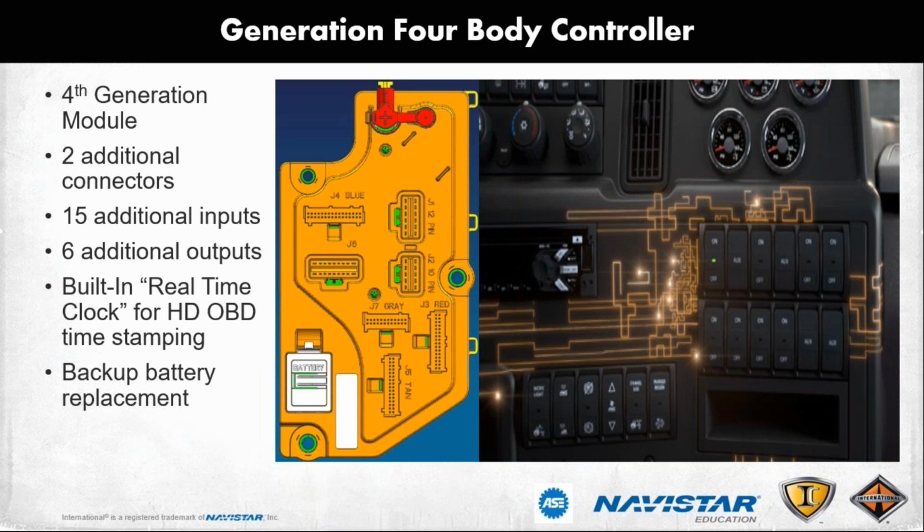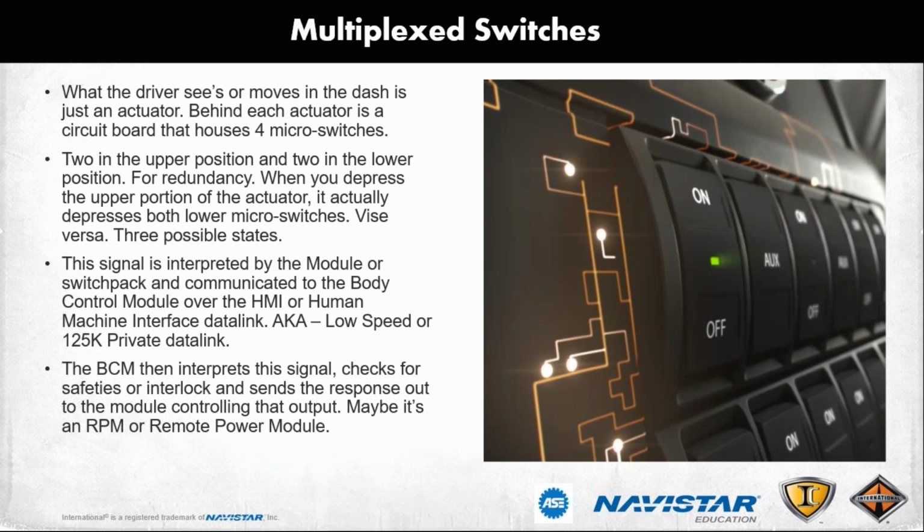So each actuator position has 2 upper switches and 2 lower switches, and they're for redundancy. If one of them fails, you have a backup of that. So each switch or actuator position has 3 possible states. So either the upper switches are depressed, or the lower, or neither. It depends on what is programmed into that.